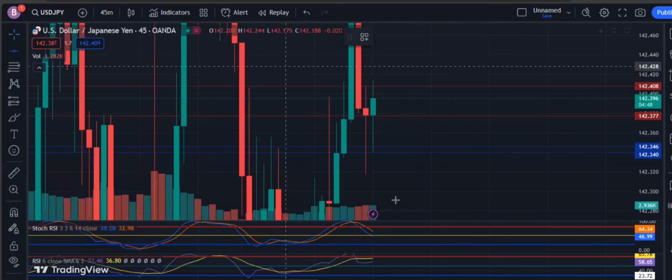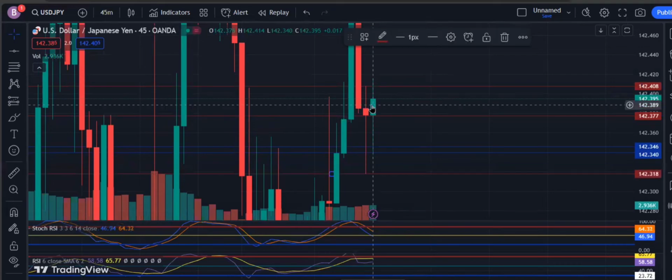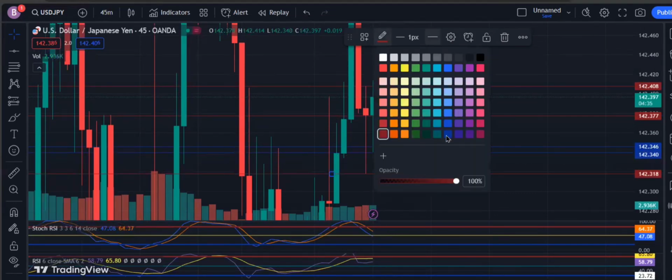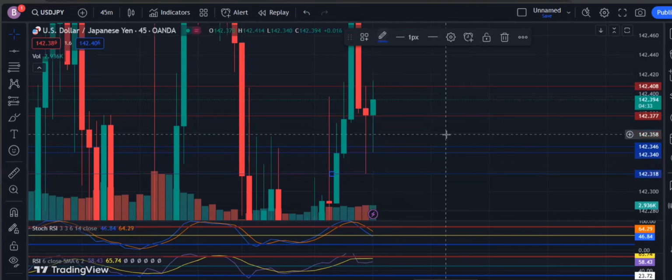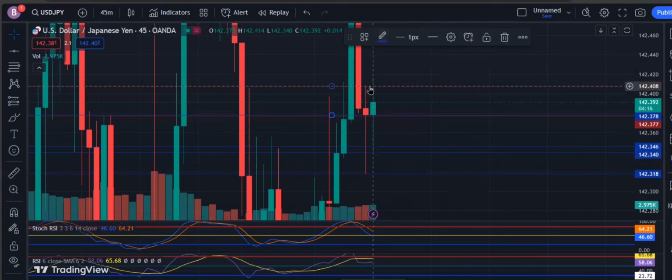Horizontal line, the wick of the previous candle below, and I make that one blue. All right? The body also, I label it too. I drop it there. It's very important. So now I have a support.